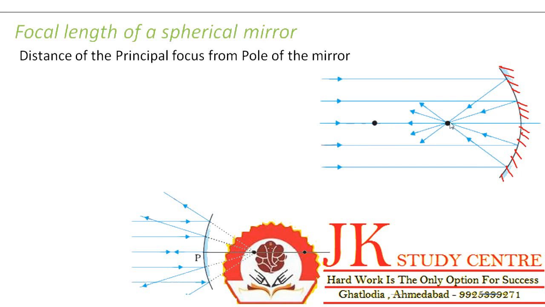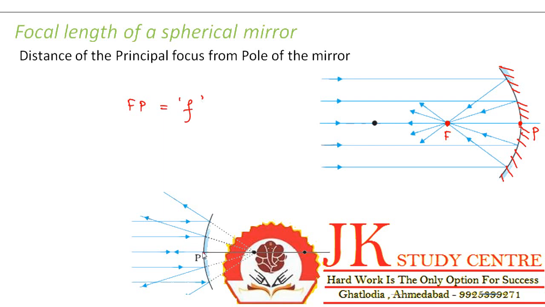For your concave mirror, the rays of light after reflection actually meet at this point. This is my principal focus, and this is the pole, the center of this reflective surface. The distance between the principal focus and the pole is the focal length. That means FP is the focal length. Focal length is generally denoted by a small f.